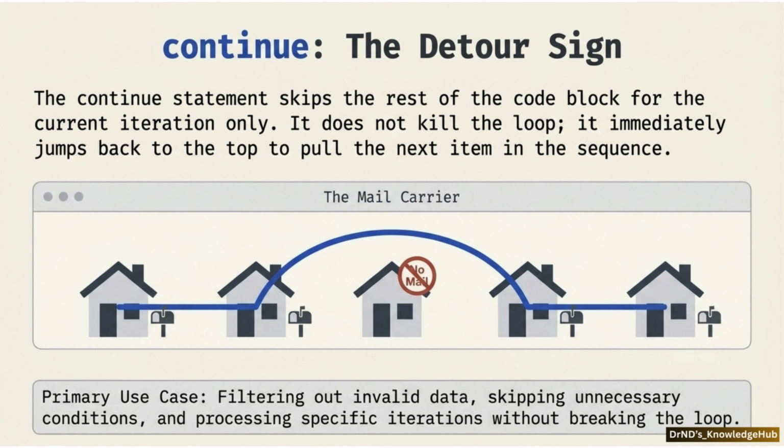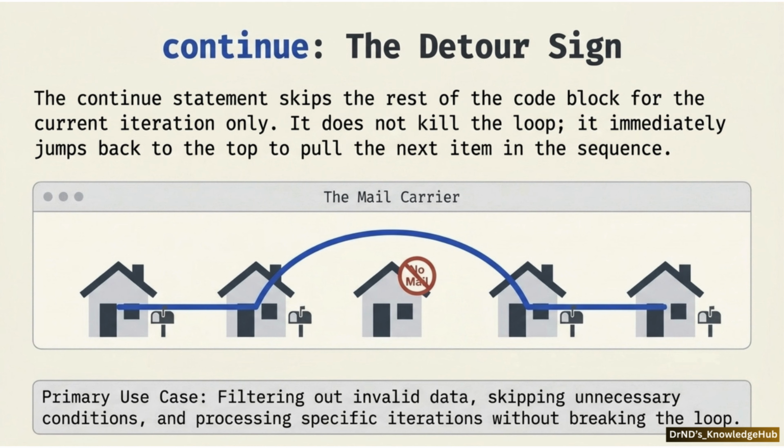Now let's discuss the continue statement. Unlike break, continue does not terminate the loop. Instead, it skips only the current iteration and immediately moves to the next one. Imagine a mail carrier delivering letters. One house has a no mail sign. The mail carrier simply skips that house and continues delivering mail to the remaining houses.